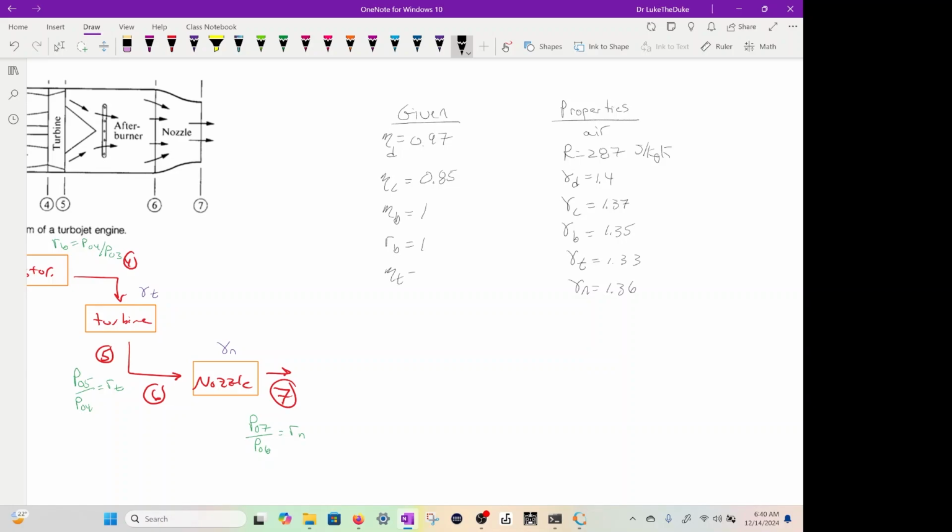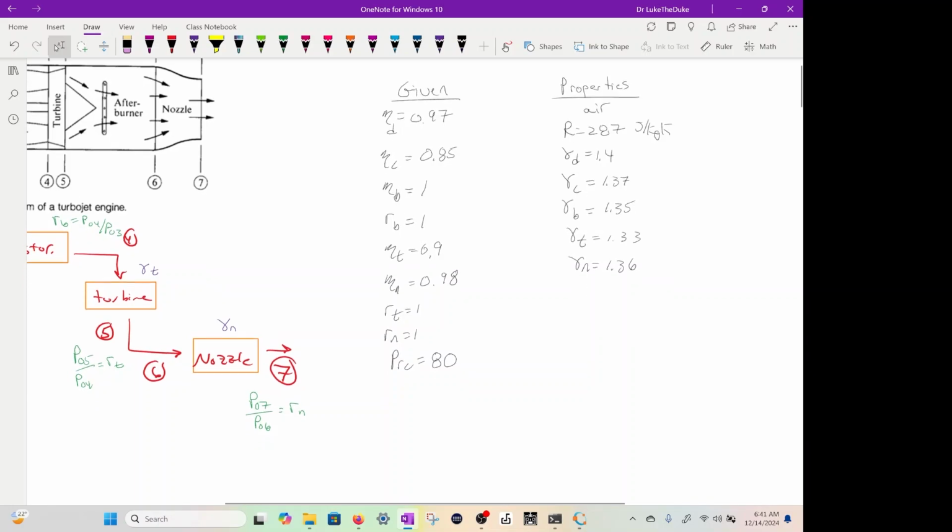A to T, 0.9 for the turbine, the nozzle 0.98. And then I can define RT as 1 and RN as 1, just for completeness. PRC, this is that critical pressure ratio for the compressor, is 80.